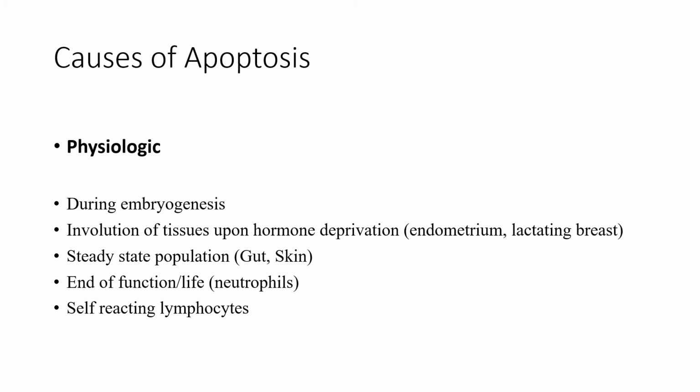So for example, after menopause, the level of estrogen, as we said, decreases. So this will lead to hormone deprivation of the endometrium from estrogen, and the endometrium will undergo atrophy and apoptosis. There will be death of the cells lining the glands by apoptosis.